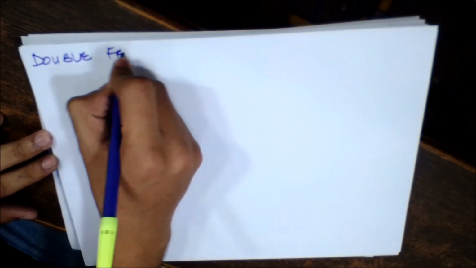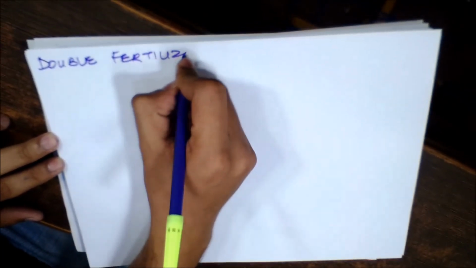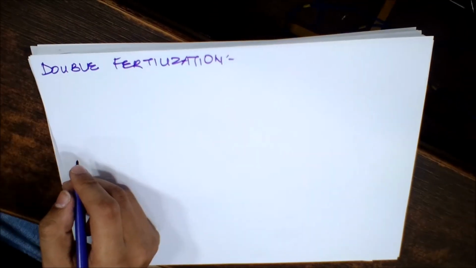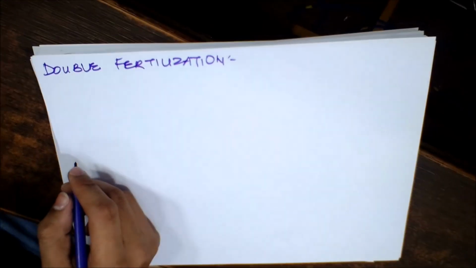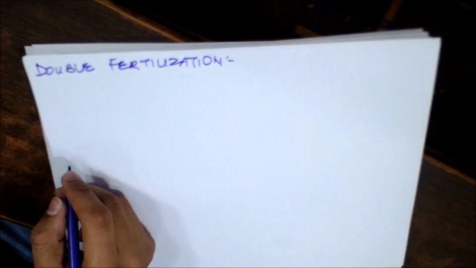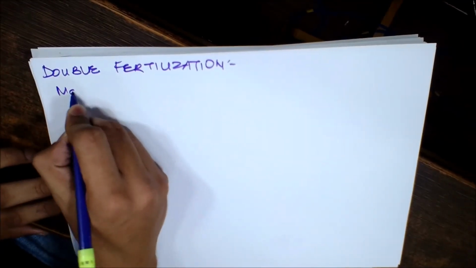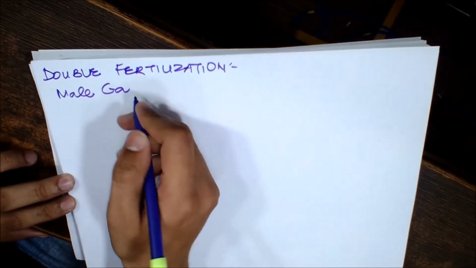Double fertilization in angiosperms. The process of fusion of a male gamete with a female gamete to form a diploid zygote is known as fertilization.